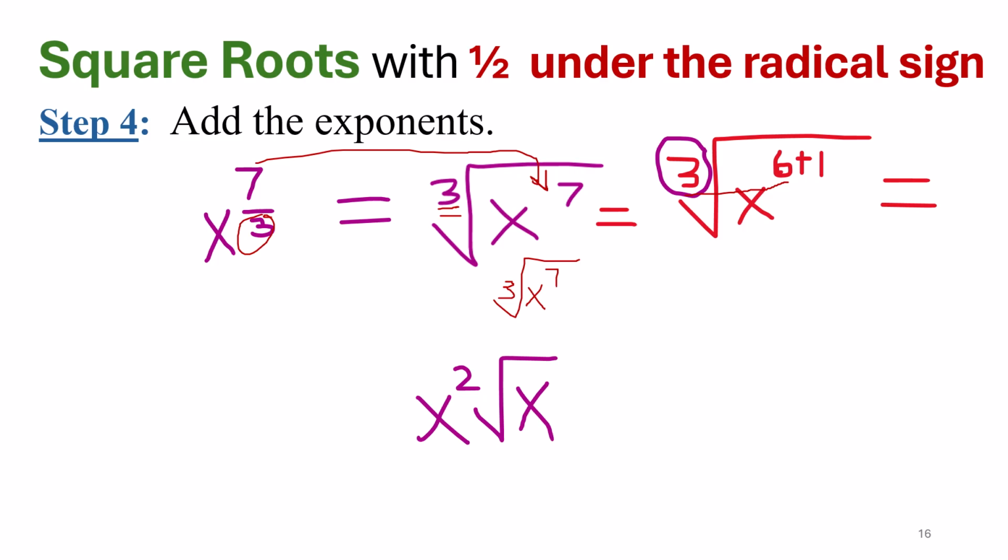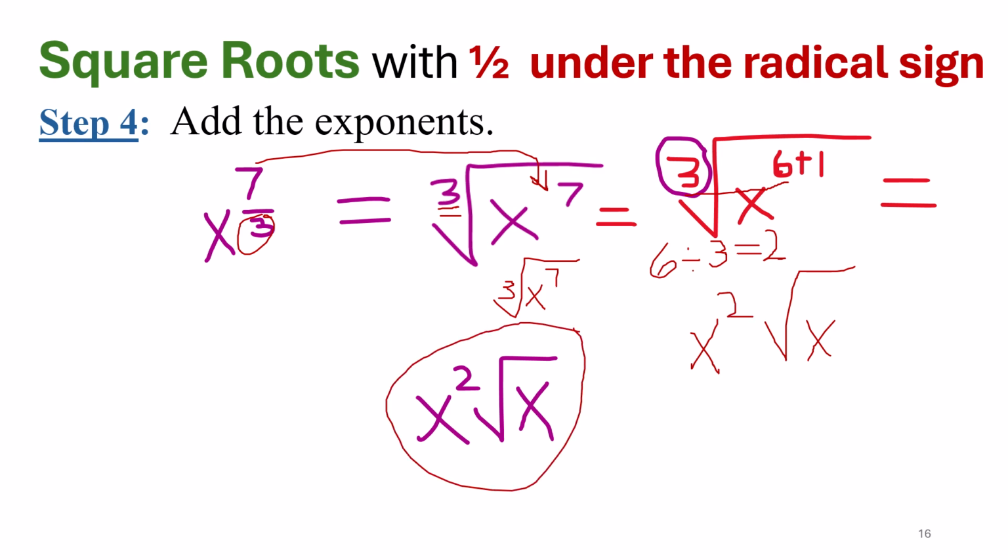You're going to leave it under the radical sign. So that's how I got this nice little number, because this 6 divided by this 3 equals 2. So that's how I got x squared times the cube root of x. And this is your answer.